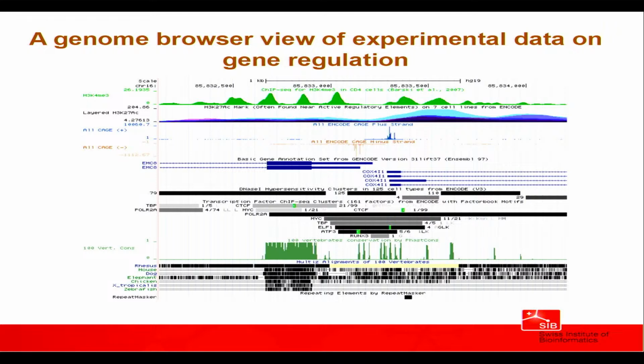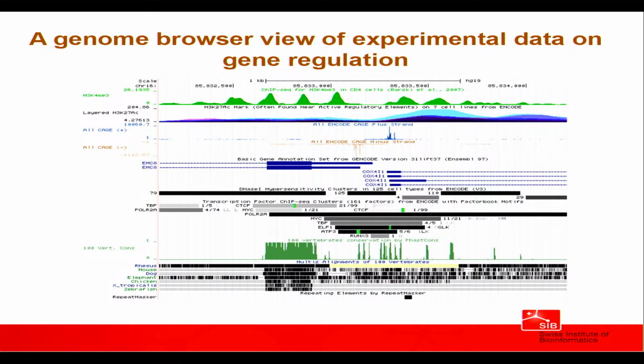On top we see a histone modification track. It's H3K4me3. And the peaks you see on the left side, which are spaced by 200 base pairs, actually represent nucleosomes.